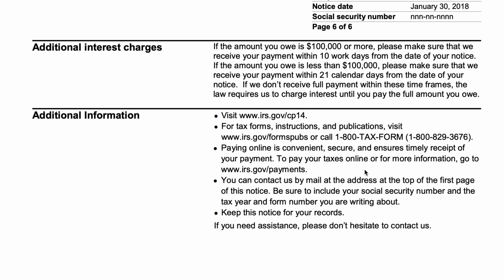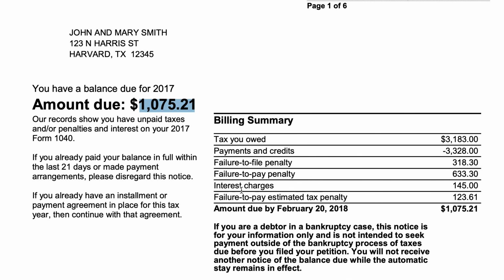And let's see, if you pay the full amount by the date that is on the notice, then you should not be subject to additional interest that is not already claimed here. So right now you would be liable for $145 of accrued interest, but if paid by this date, then that would be all the interest that you would pay.